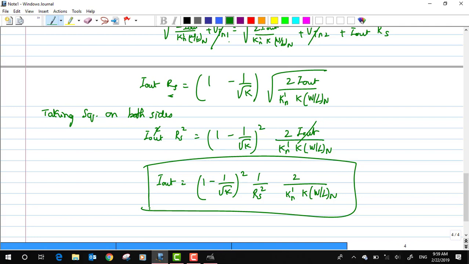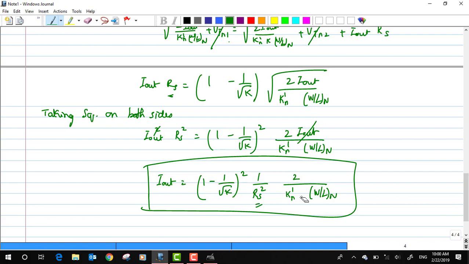What are the variables that I have to control the value of current I out? One of the variables is... k won't be there. Sorry, I forgot to eliminate that. Is that correct? Yeah, I hope this is correct.